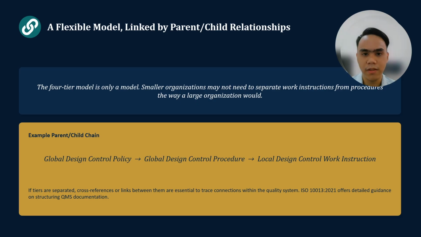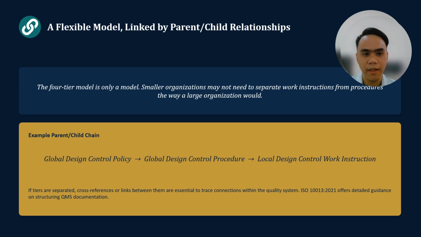Collapsing tiers together is entirely legitimate when the organization's scale does not justify the extra structure. However, if the tiers are separated, which is common in larger organizations, it is important to provide cross-references or links between the tiers to ensure effective documentation.